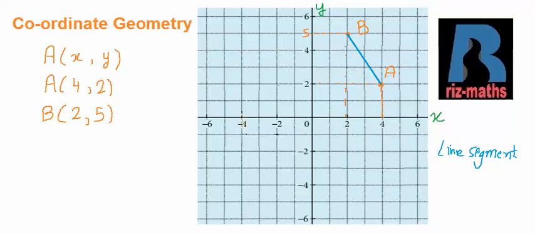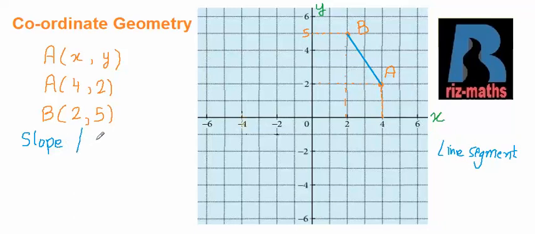We want to see how steep this line segment is. We know that it is going down from left to right. That steepness we can tell in terms of its slope or its gradient.